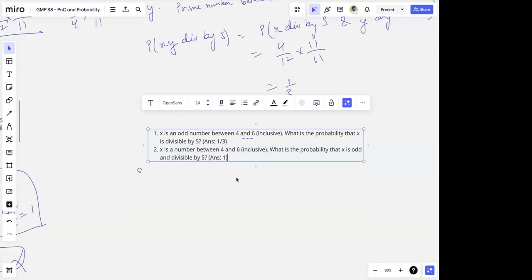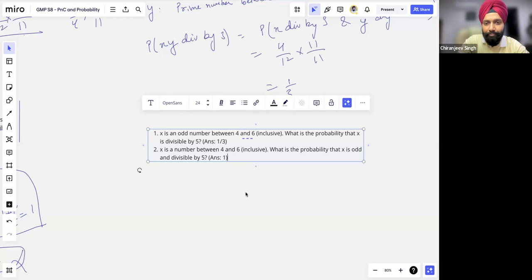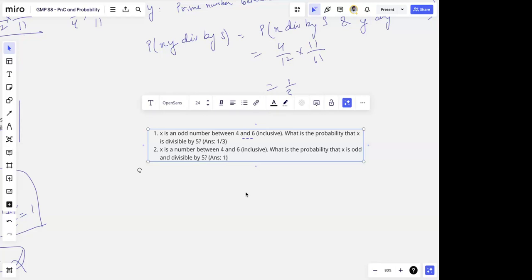Yeah. Why? Because I think we narrowed down what X is in the second statement. No, no, X is an odd number between... What is the probability that X is divisible by 5? Just a second.